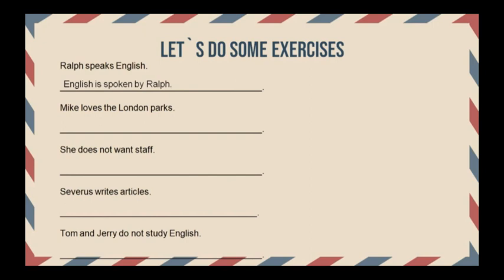Now, Mike loves the London parks. Mike is a subject, loves is a verb, the London parks is an object, so the London parks are loved by Mike. Great.